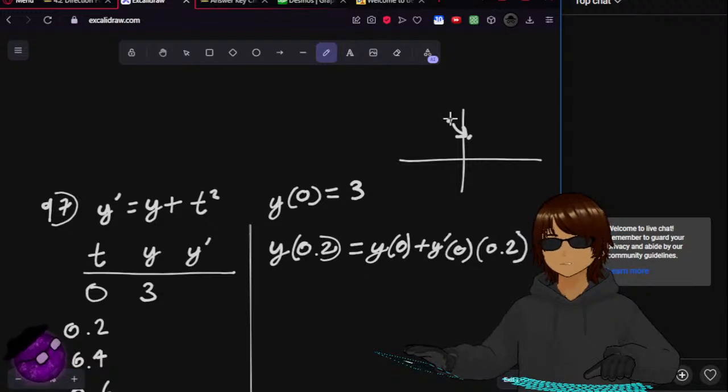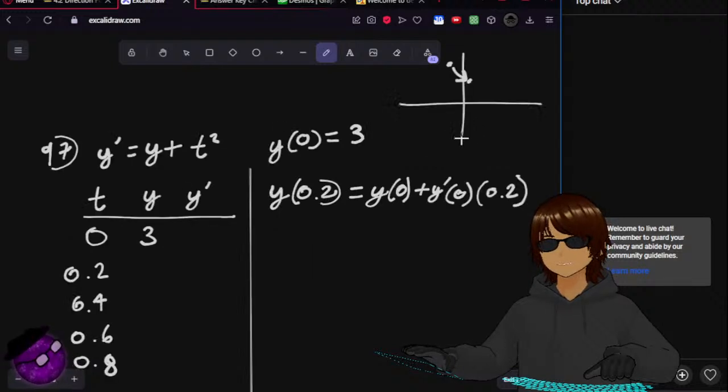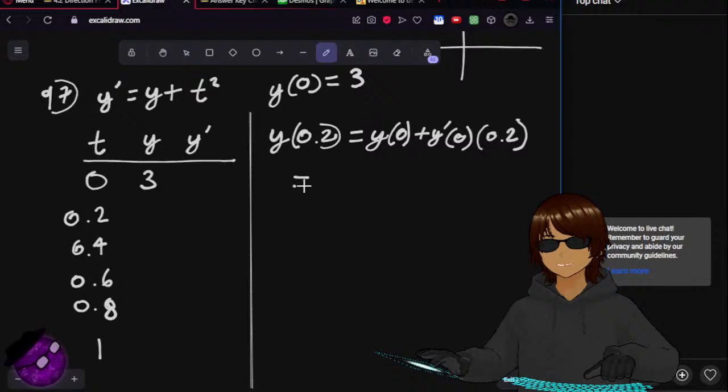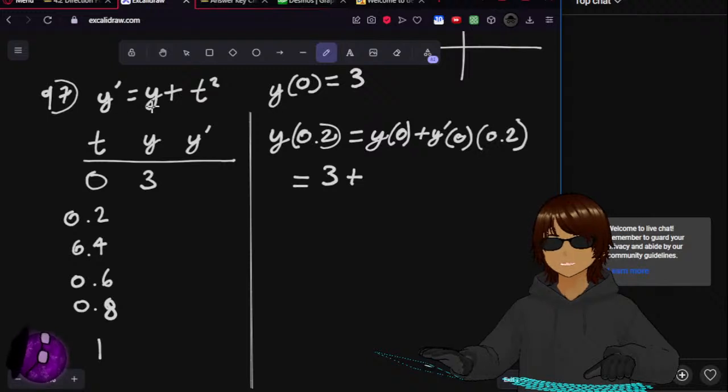So what we are doing is we're taking the previous value of y and then adding the jump. So 0.2 times the gradient plus the previous y value will give the new y value. So that is y0 is 3, and then the derivative at 0 is 3, so it's 3 times 0.2.